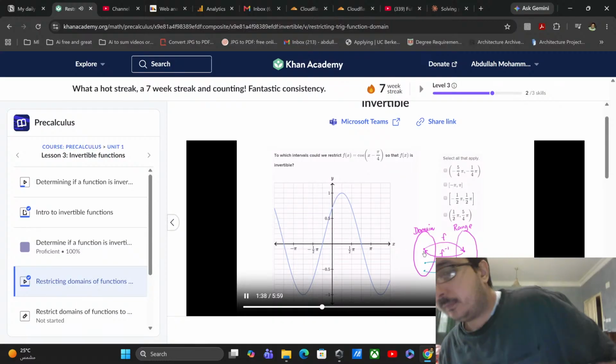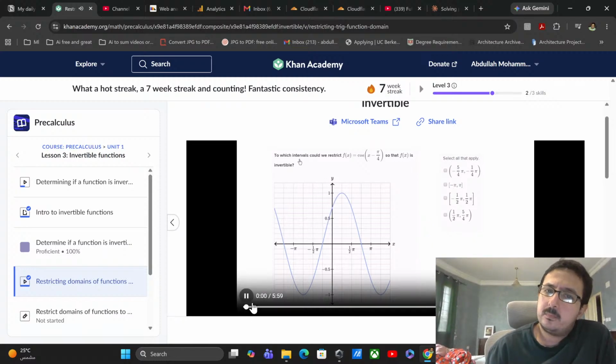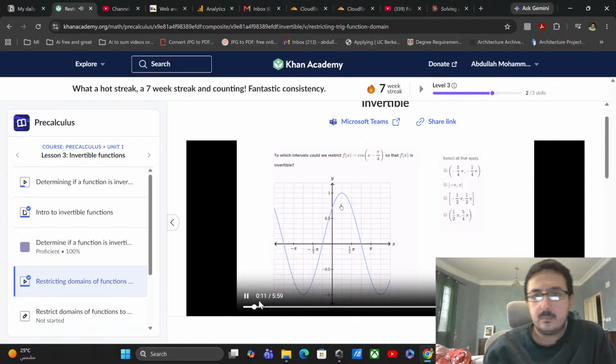Or another way to think about it, you could try to draw a horizontal line on the graph of the function and see if it crosses through the function more than once. And you could see that this is indeed the case. To which intervals could we restrict f of x is equal to cosine of x minus pi over 4, so that f of x is invertible? And they show us what the graph of it looks like.